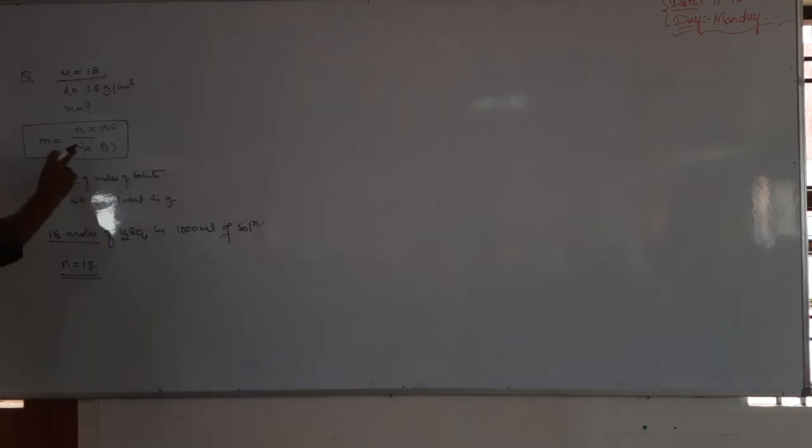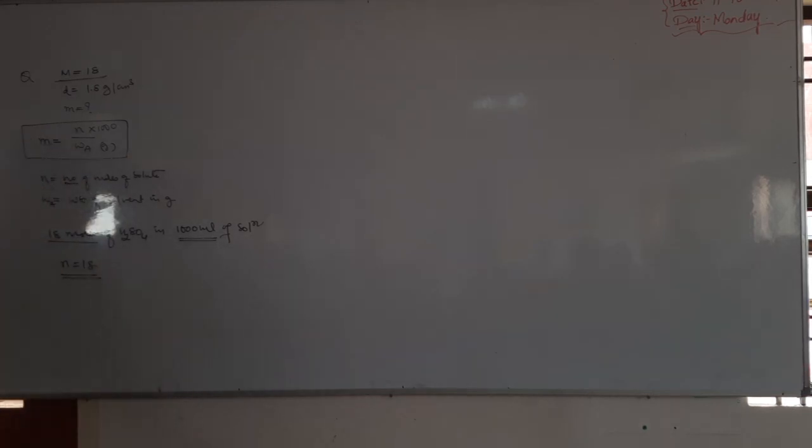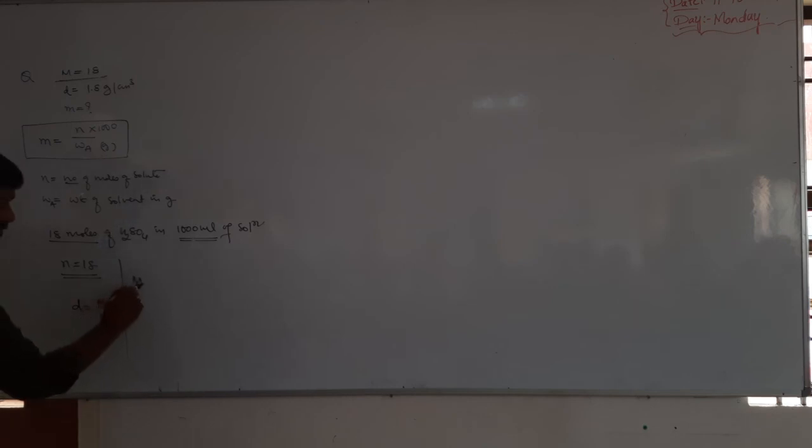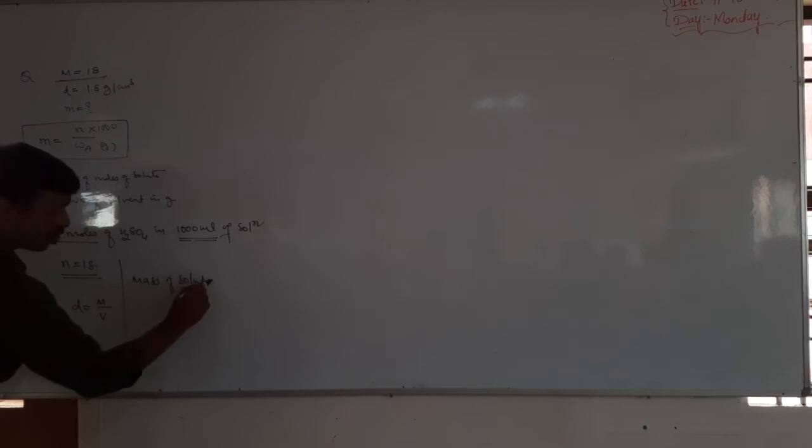Then we want the weight of the solvent. But what do we have here? Volume of solution and density of solution. We know that density is equal to mass by volume. Actually I want the mass of the solvent, but let us calculate for the solution.